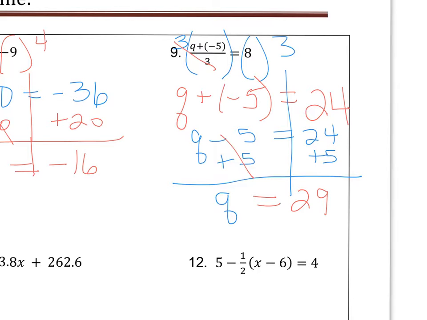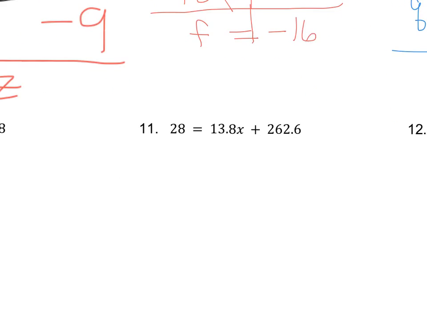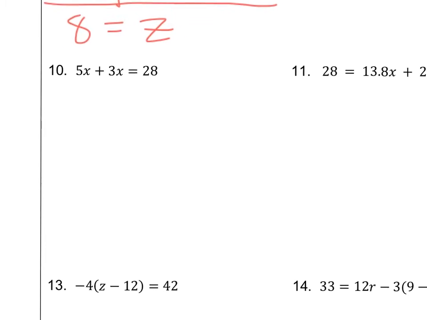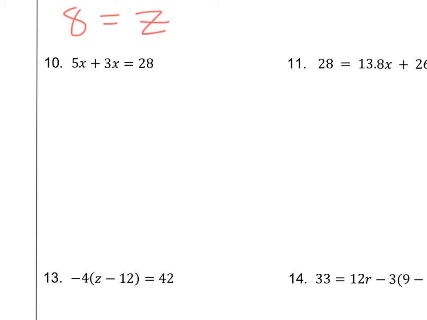Okay, let's go ahead and look at number 10. What we have to do on number 10 is we have some like terms that we need to combine. So this is the step where we are simplifying on each side of the equation. So we have a 5x and a positive 3x that are like terms, so we have to combine them.